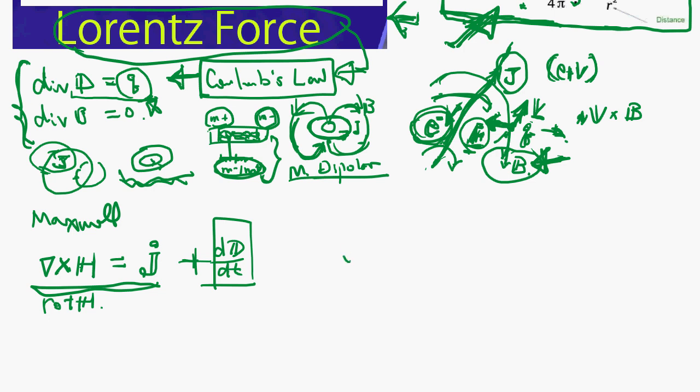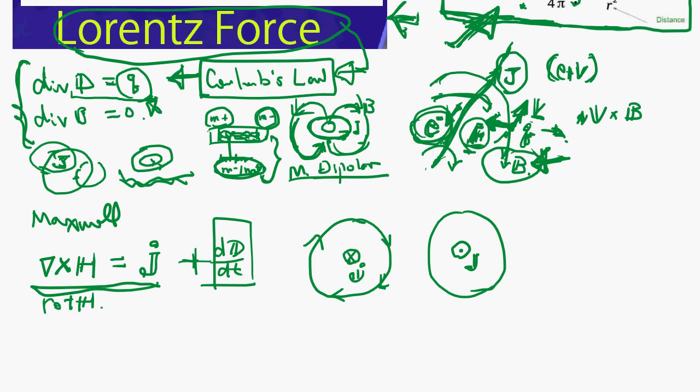If the current is going in, this is J, the magnetic field will be this circle. If current is coming out, then the magnetic field is generated in this direction.